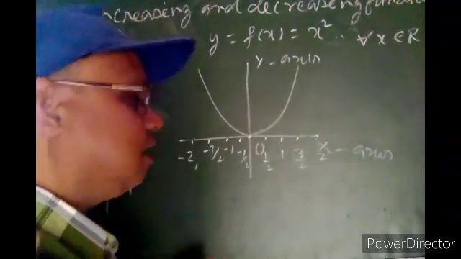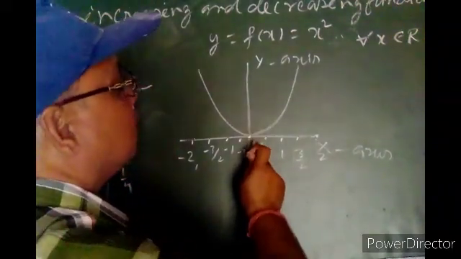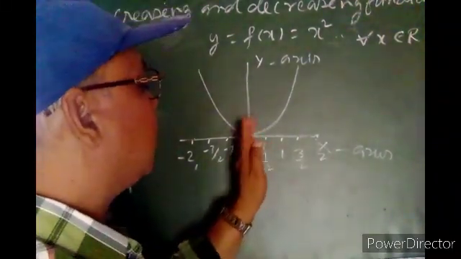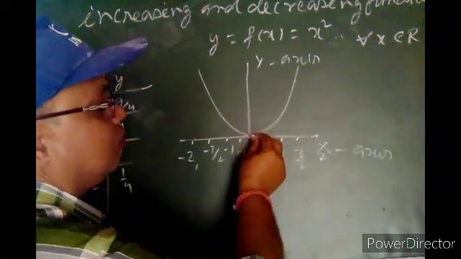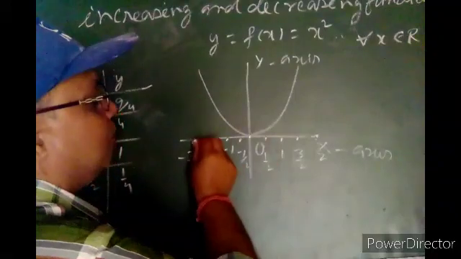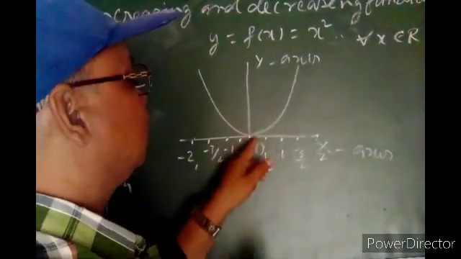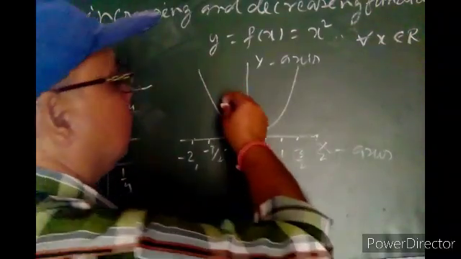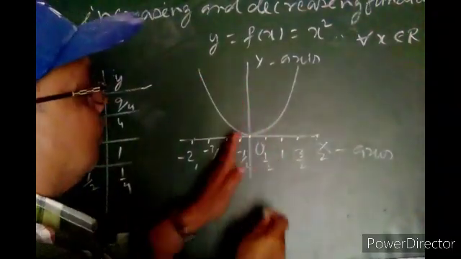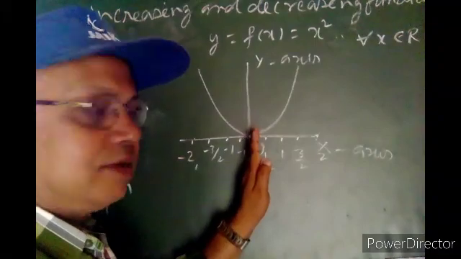We are seeing that in the left of 0, from the left side of 0, the function is decreasing.